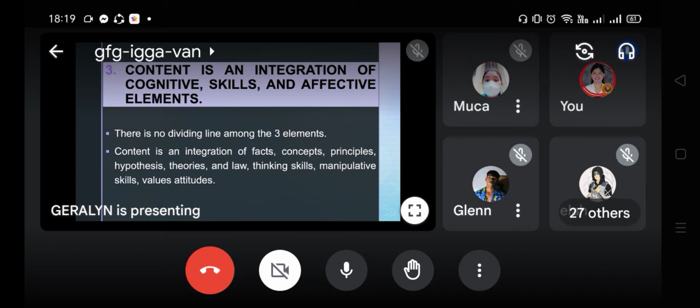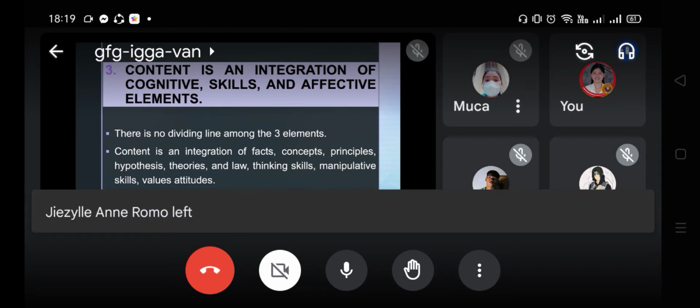Third guiding principle in selecting content and organizing the content. Content is an integration of cognitive skills and affective elements, the three domains. The cognitive domain, the psychomotor domain, and the affective domain. Kana silang tulo. Dili gina sila pwede matanggal.